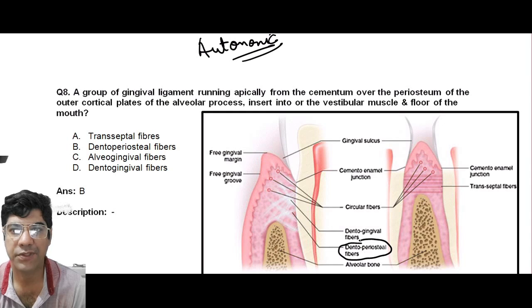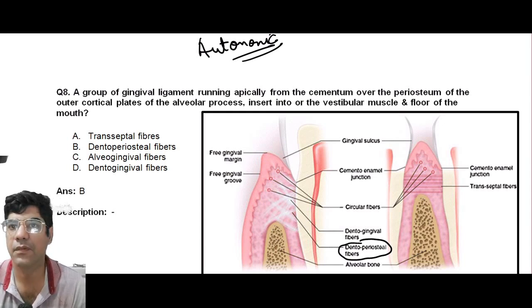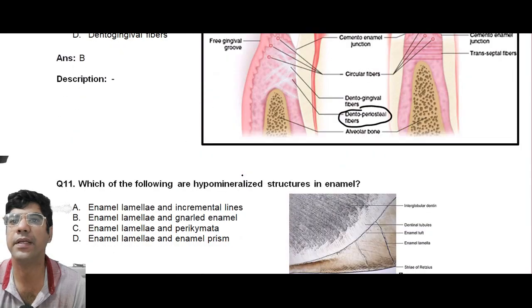So dentoperiosteal fibers are the group of gingival fibers that run from the cementum over the periosteum and insert into the vestibular muscles and floor of mouth. So answer is dentoperiosteal fibers.